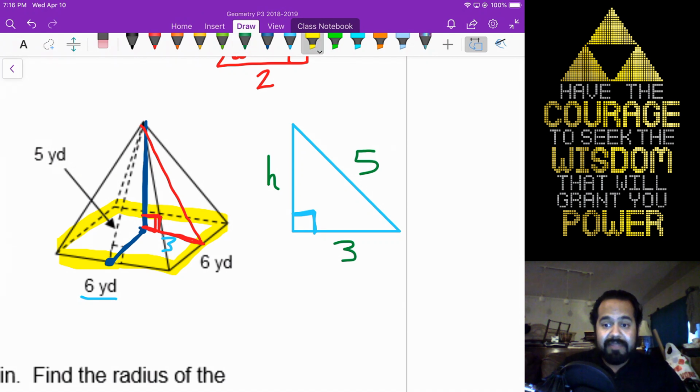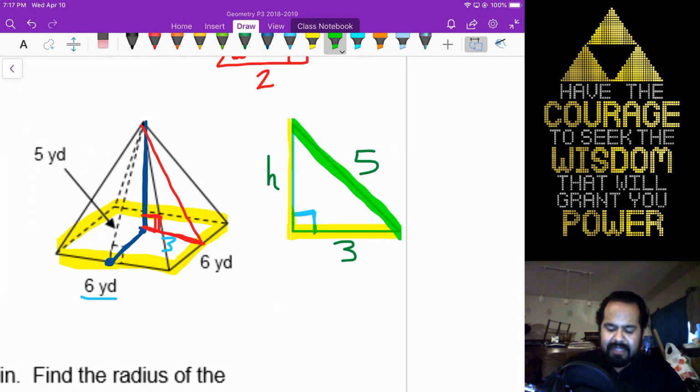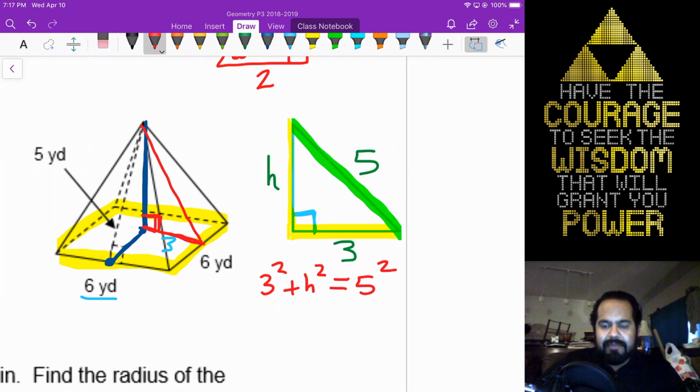Again, one more common mistake. I don't want you guys making any more. It's killing me. These are your legs. This is your hypotenuse. So we should be doing legs squared plus legs squared equals hypotenuse squared. We're still putting the numbers on the wrong side.